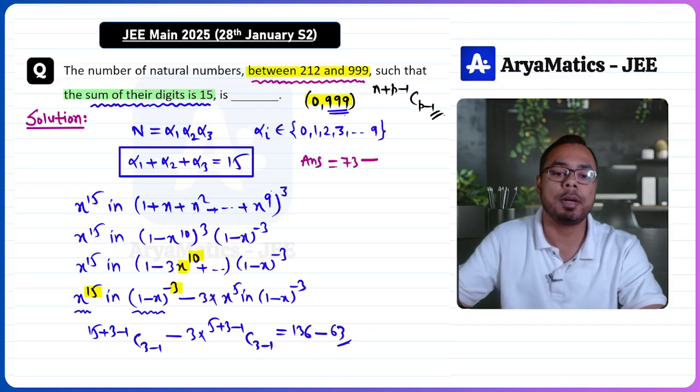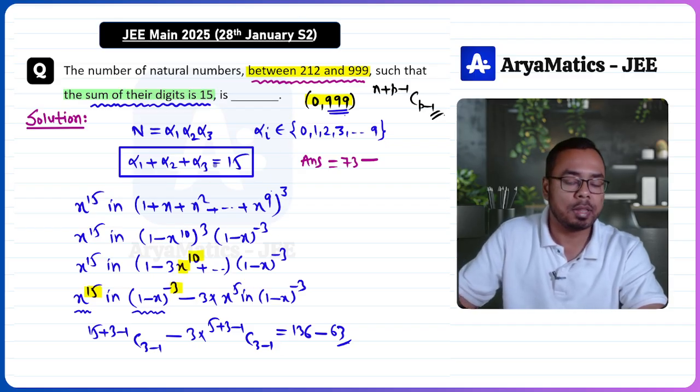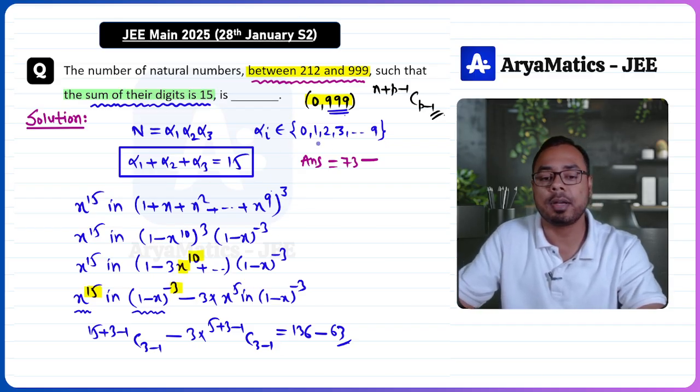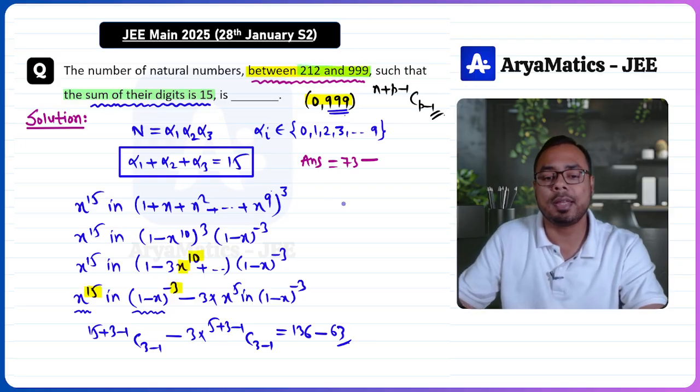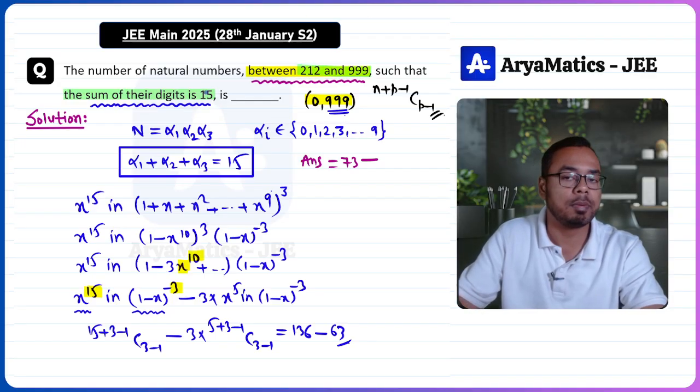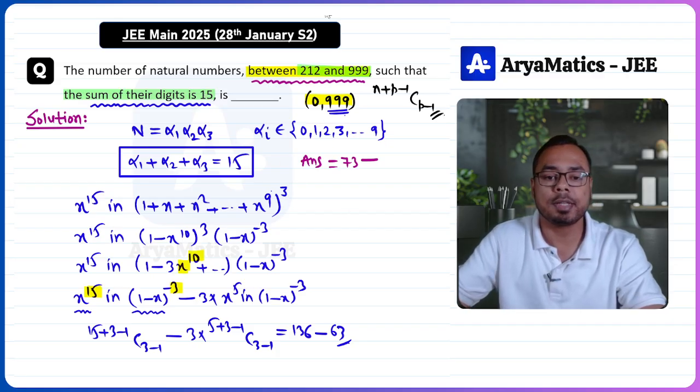But remember, here we have considered all the values of alpha 1 and alpha 2. So we are also getting those numbers which are either single-digit or two-digit numbers. Now we need only those numbers which are in this interval. Clearly, there is no single-digit number for which the sum of digits will be 15. So let us find how many two-digit numbers there are for which the sum of digits will be 15.